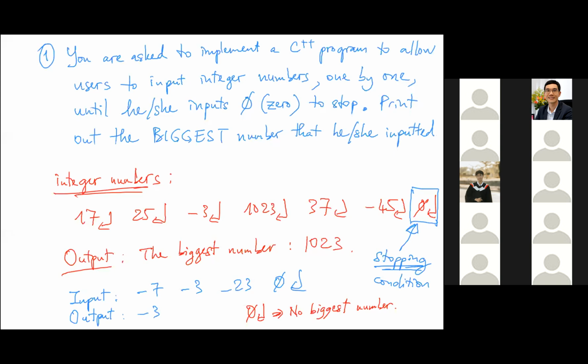We have learned 3 of them already. Any you can use in order to show the biggest number of those inputted numbers. And if you have any questions, feel free to ask in the chat box, please.